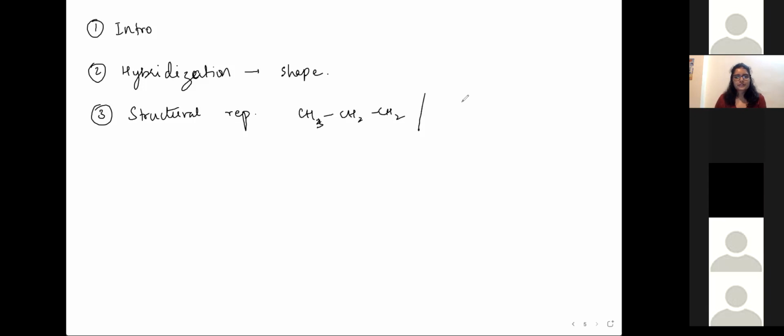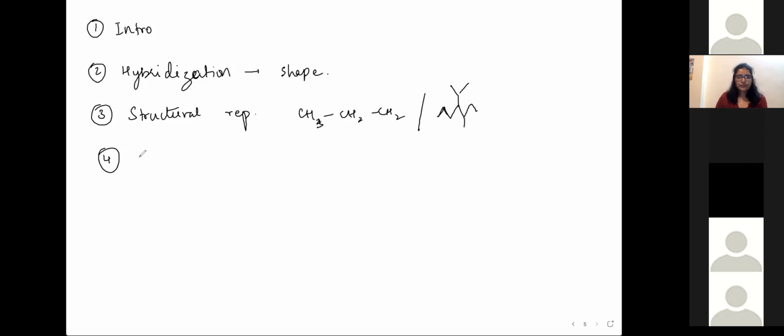Another type is just the bond line, where you'll be given something like this. It looks just like some scribbles, but soon you'll be able to recognize what organic compound this is. And then the wedge and dashed structures and all that.